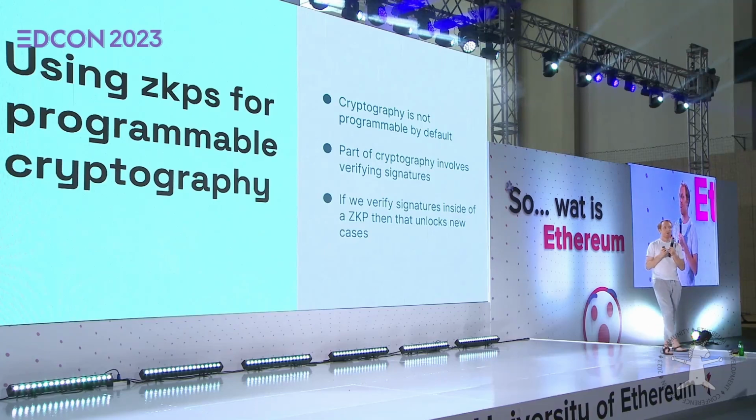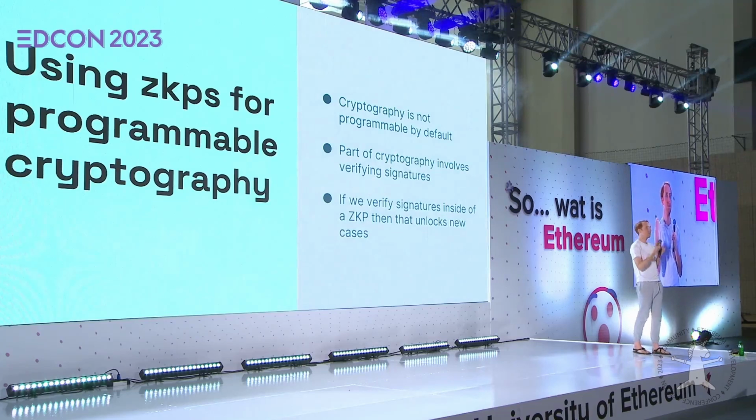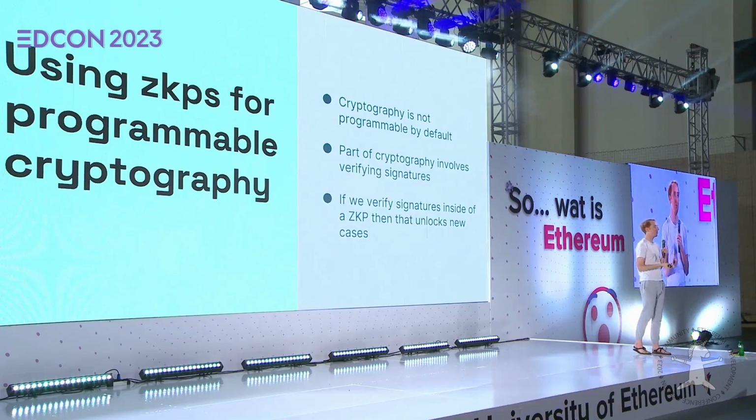So what are we missing with these things? The thing that we're missing is that they're just signature schemes. Once you have a signature, you can show it to someone and they can verify it, but there's no way to have more complicated rules. And what we're really searching for here is a way to make these primitives programmable.